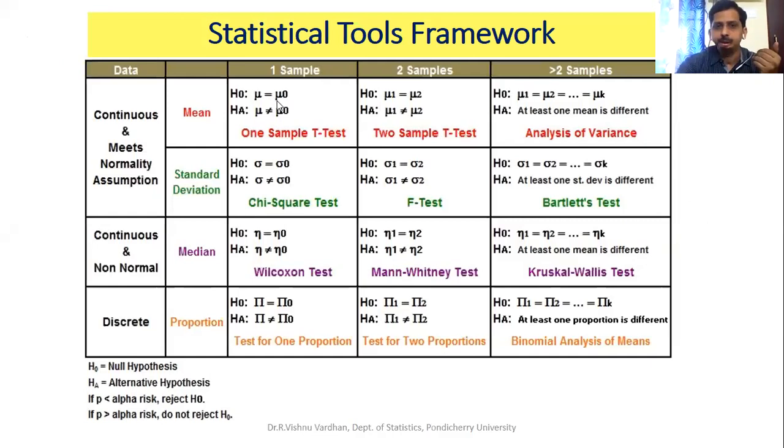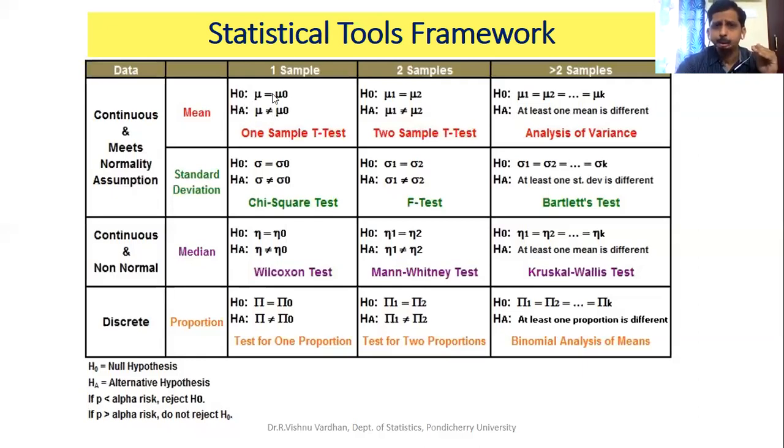Mu naught is 8 to me. I am trying to verify this: that the samples collected from the pond possess the average pH value. That is what I am going to define in H naught.